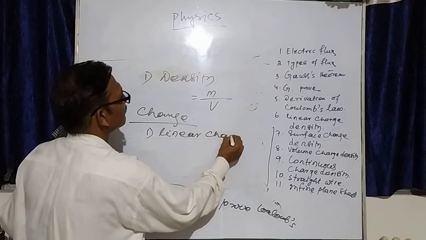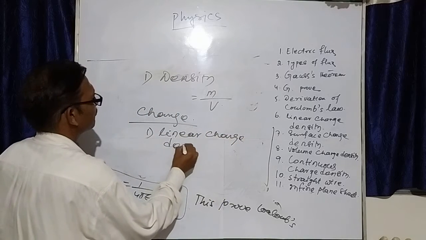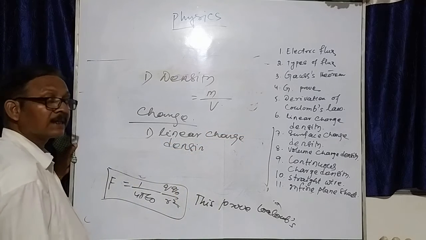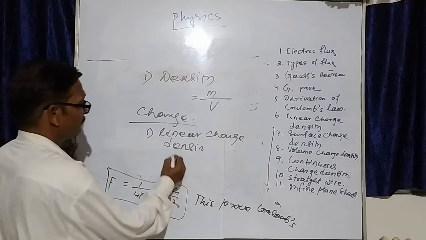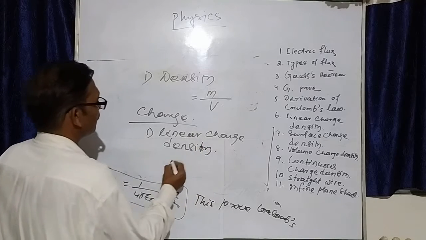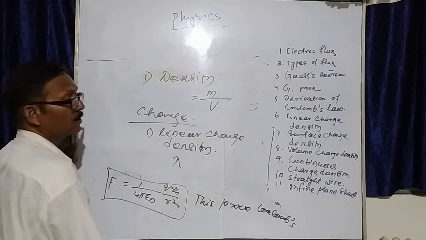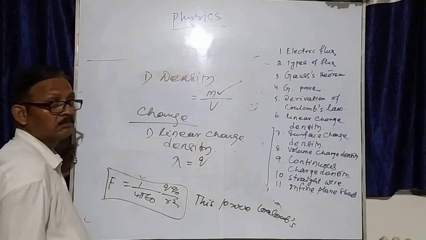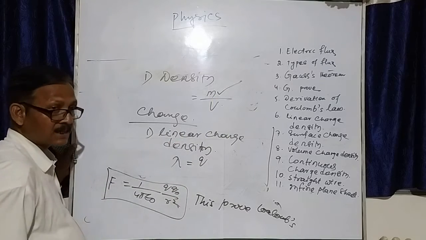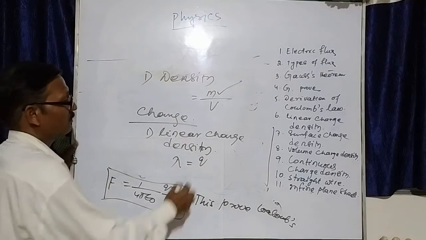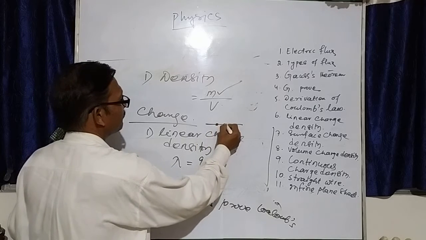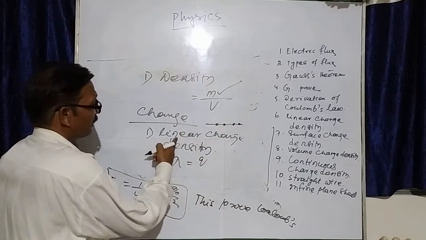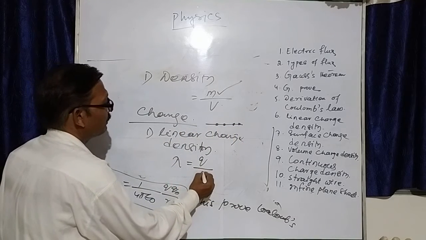On a straight line, how much charge there is, that is called density. So linear charge density, symbol lambda, is equal to charge per unit length.